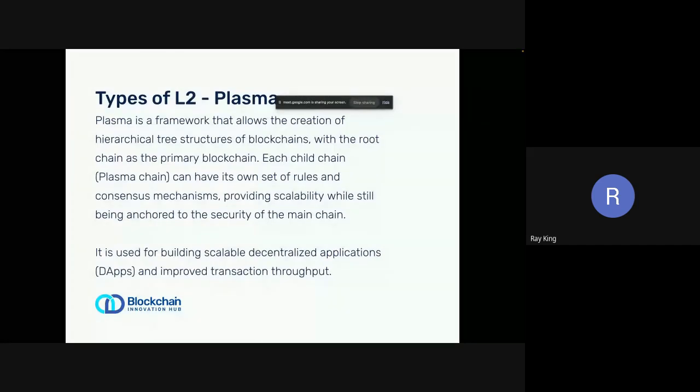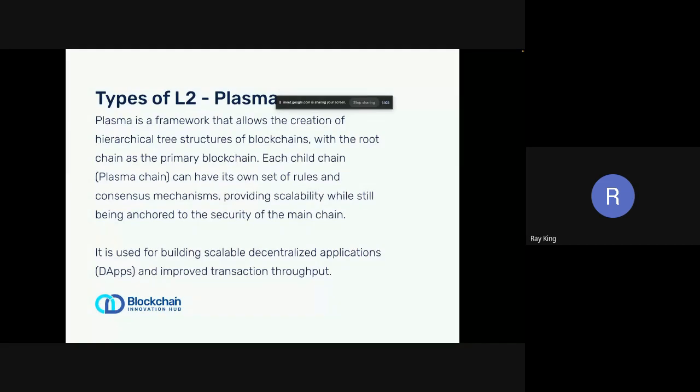Now, when you view a tree, we all know it has roots. The root is the primary blockchain, that is the layer 1 solution. Everything is connected to the root, and the root is like the source. Then you have child chains around it, which are known as plasma chains.